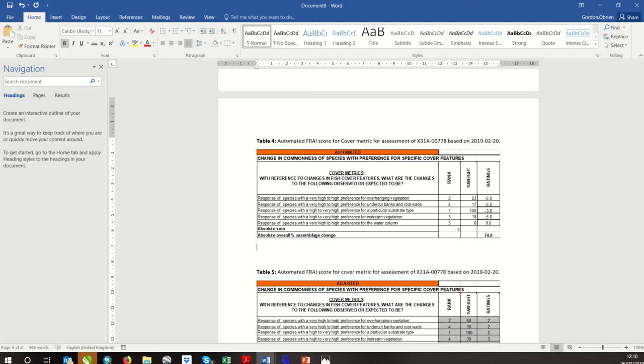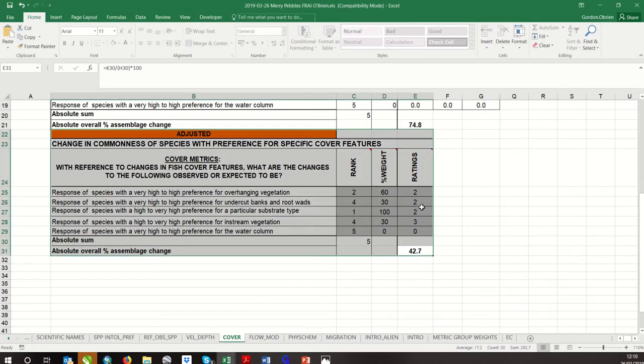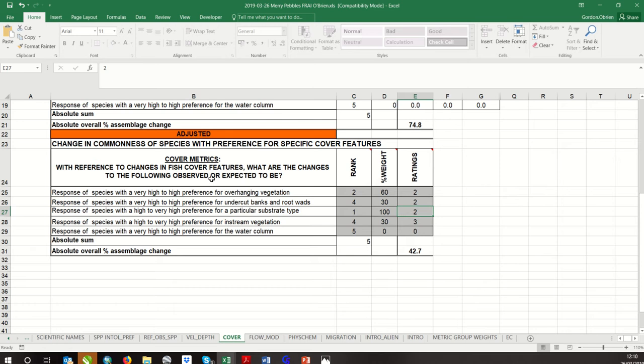And then what are we arguing? We're saying that based on availability of cover features associated with preferences of species, and okay, because that's something we must consider as well, is that the major change was in species that have got these high preferences apart from substrates.